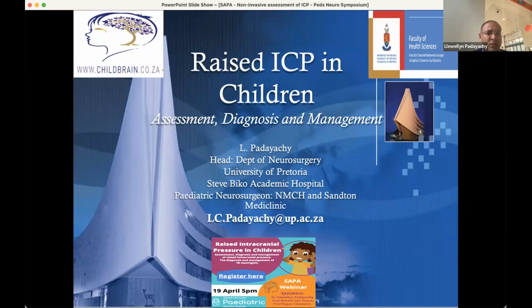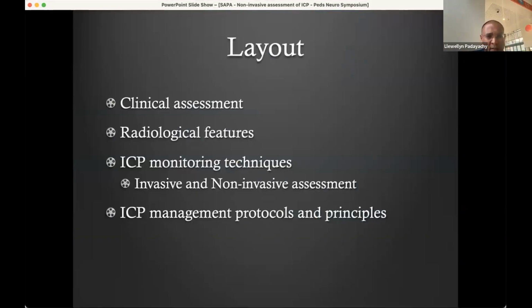So the layout is I'm going to talk about the clinical assessment, which I think a lot of you are incredibly familiar with. It's like singing to the choir, really. The radiological features, some of which apply to you, and those we find quite important in our decision making. And then probably the bulk of the talk is on ICP monitoring techniques, some of the invasive stuff that we use, and then some of the more non-invasive techniques, which I think are growing in appeal now.